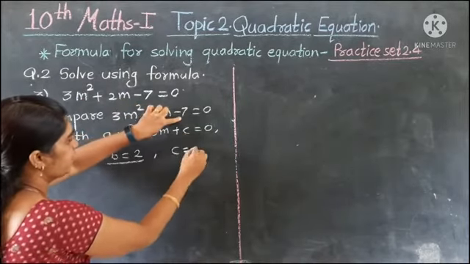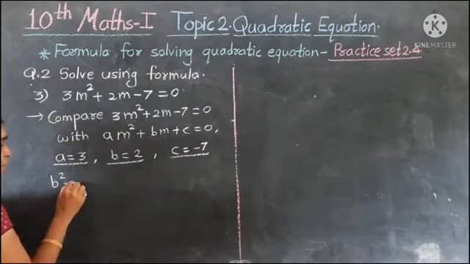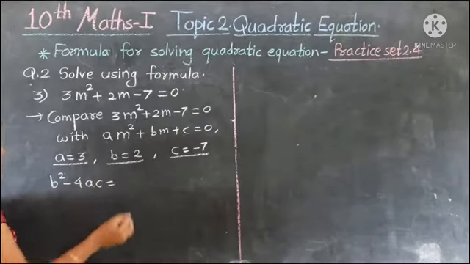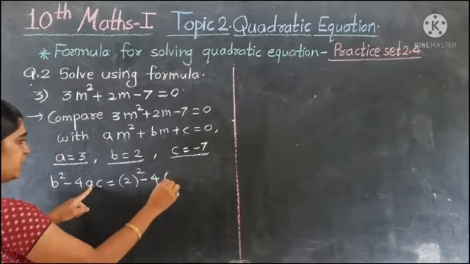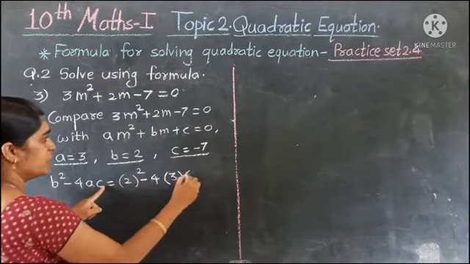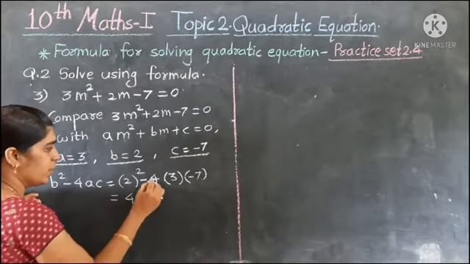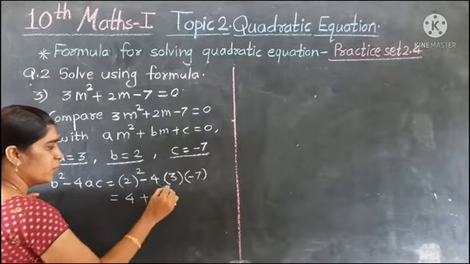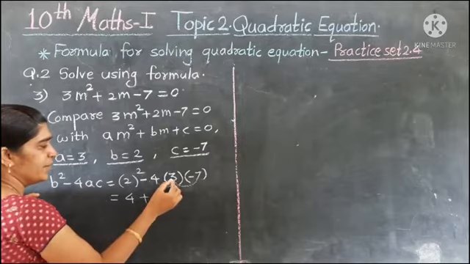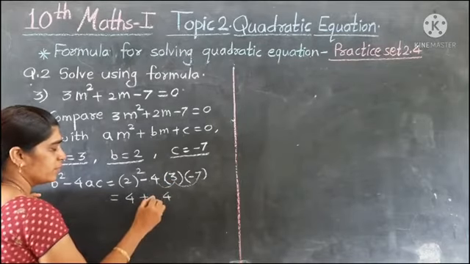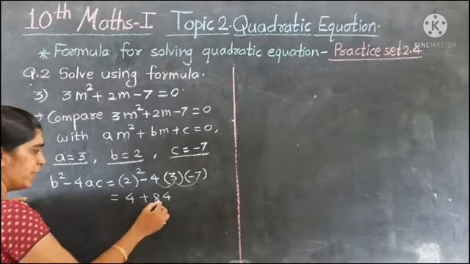And c is minus 7. Now you calculate b square minus 4ac. What is b here? 2. 2 square, then minus 4 into a, which is 3, into c, which is minus 7. 2 square is 4, minus into minus is plus, 4 3s are 12, 12 7s are 84.